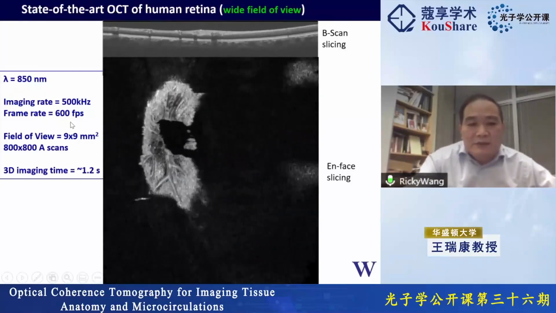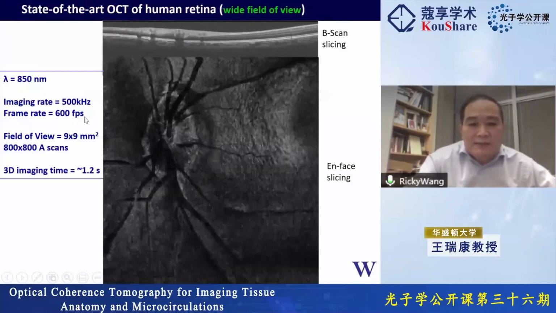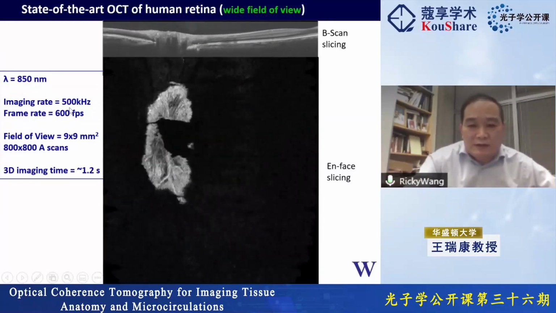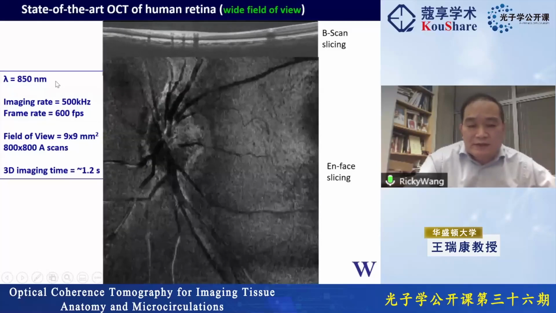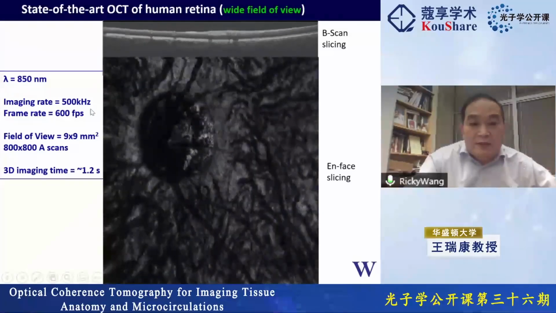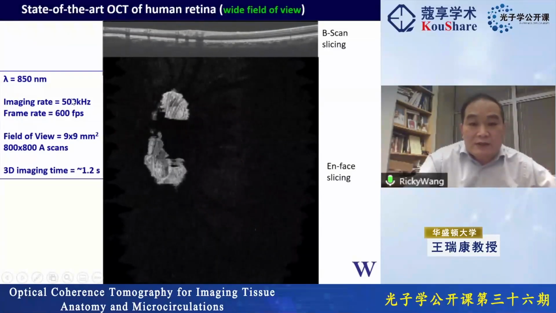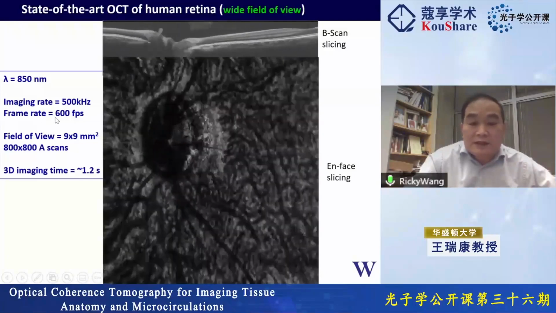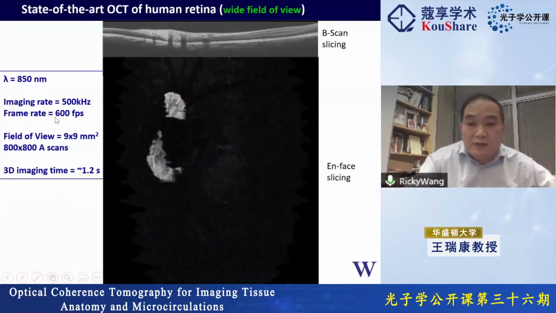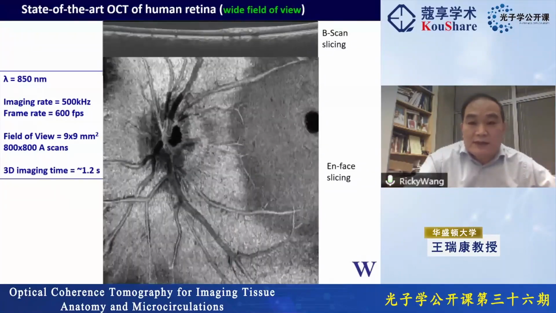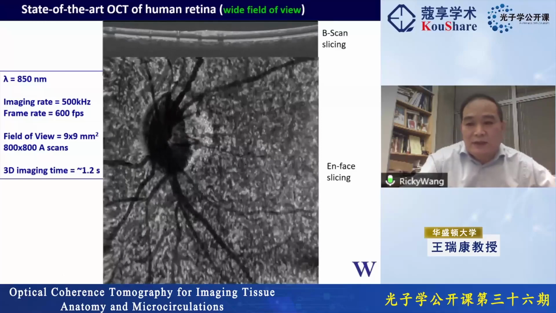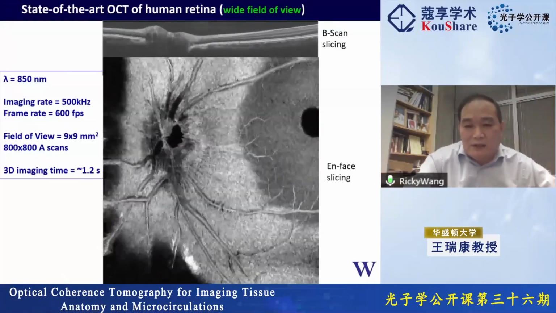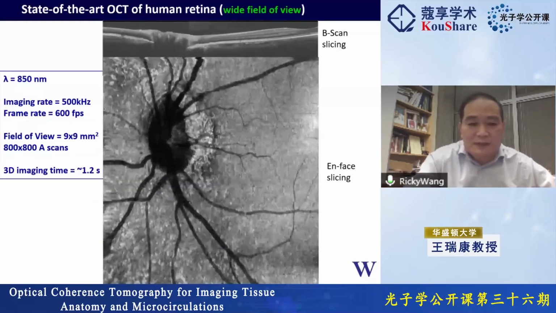In this example, the system runs at 500 kilohertz using a spectrometer-based system. With the 500 kilohertz system, you can run at 600 frames per second, which is about 20 times faster than ultrasound imaging. Typical ultrasound imaging is about 30 frames per second.